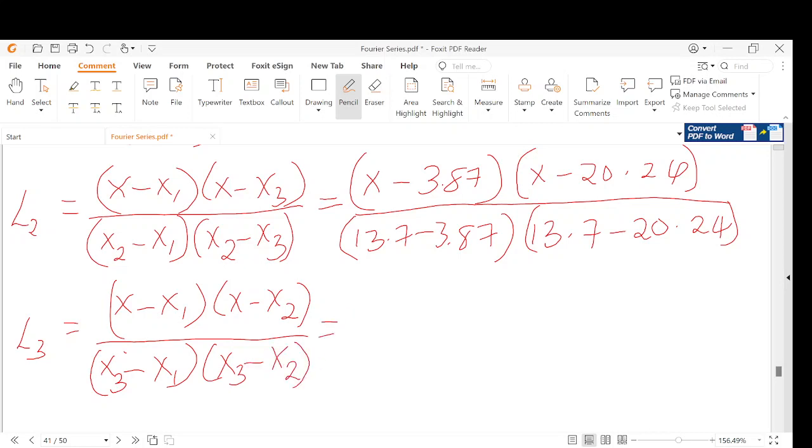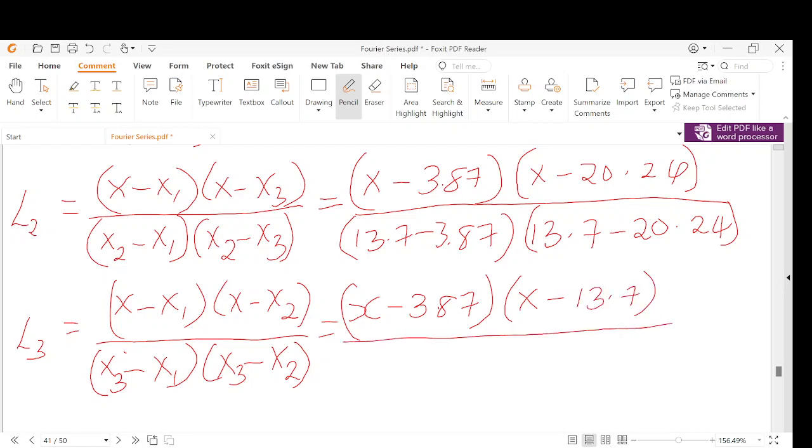And we can substitute the values, so we get x minus x1, which is 3.87, multiplying x minus x2, which is 13.7, and the denominator will be x3, which is 20.24, minus 3.87.